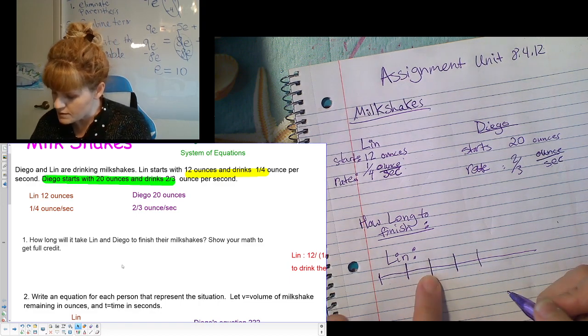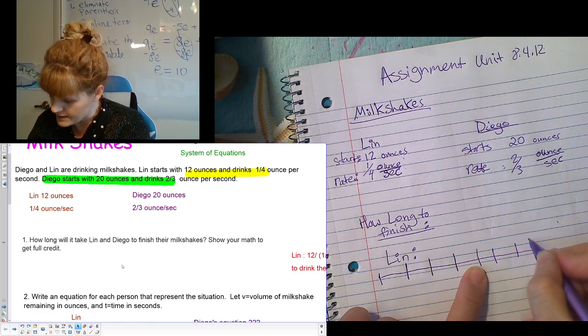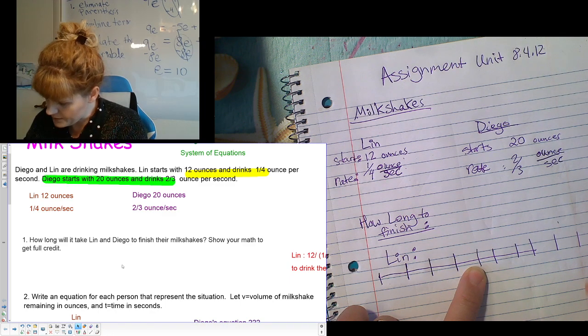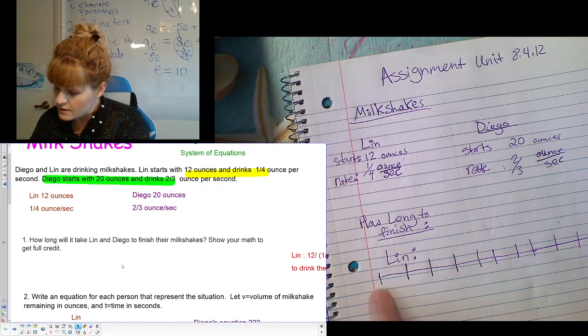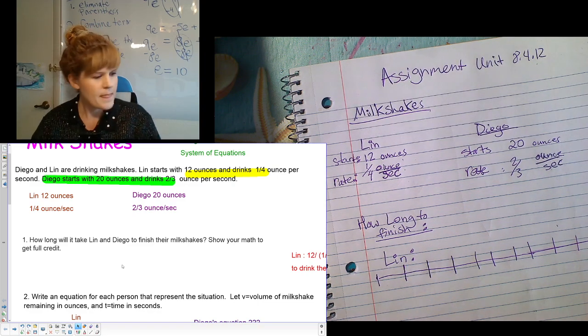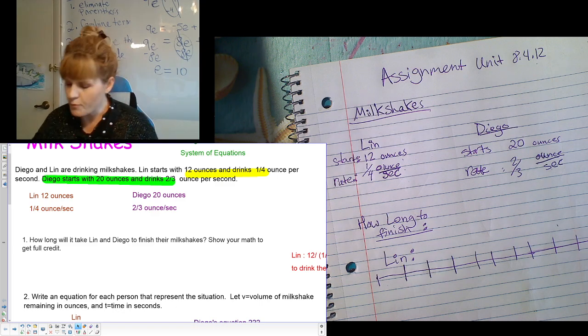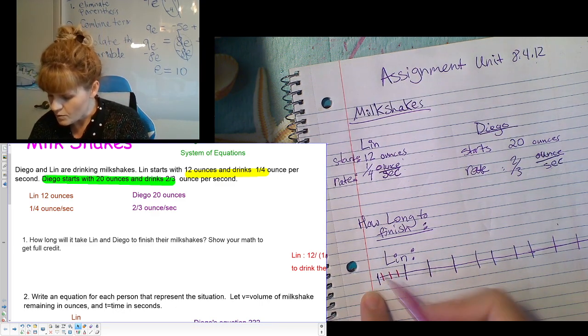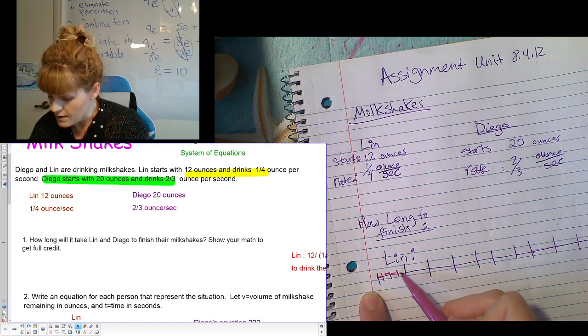That's 1, 2, 3, 4, 5, 6, 7, 8, 9, 10, 11, 12. I'm out of space, but that's okay. Look at that number line. It goes all the way up to 12 ounces. Now imagine if I break each ounce into 1/4. There's 1, 2, 3, 4.